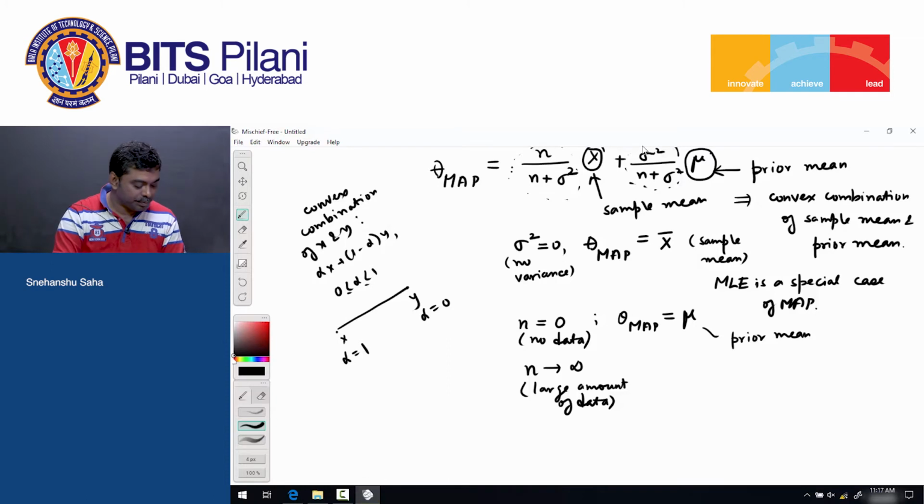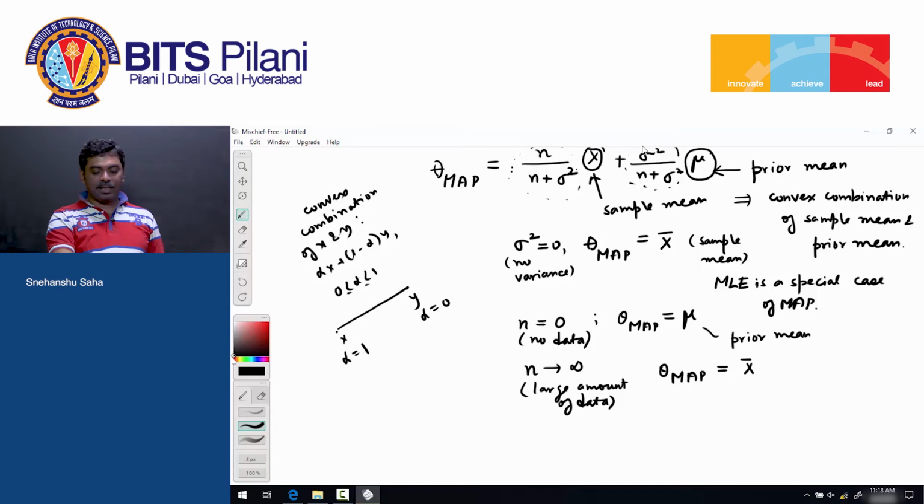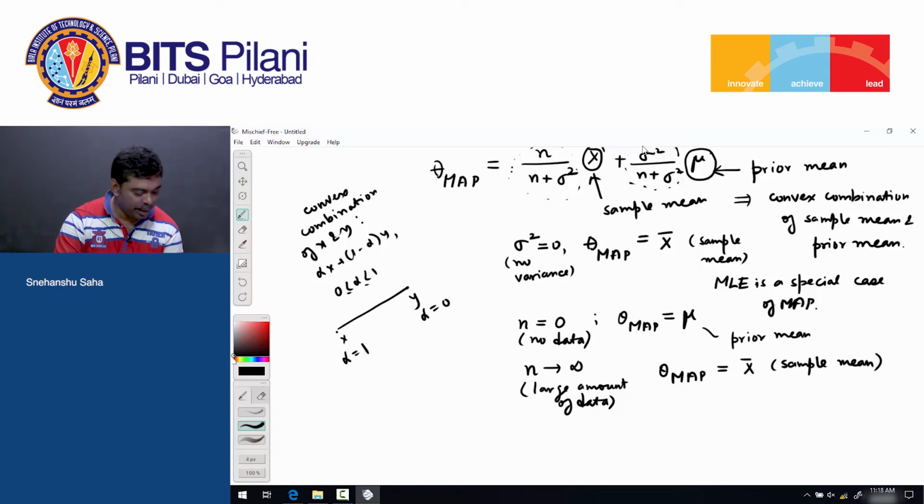And the first term, it's easy to see, take the limit as n goes to infinity, right? So in that case, your theta MAP is purely x bar, which is the sample mean. So for a large amount of data, the maximum a posteriori estimate is as good as the sample mean, which is MLE.